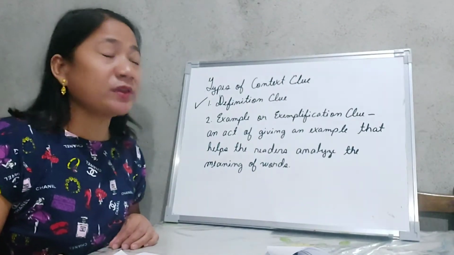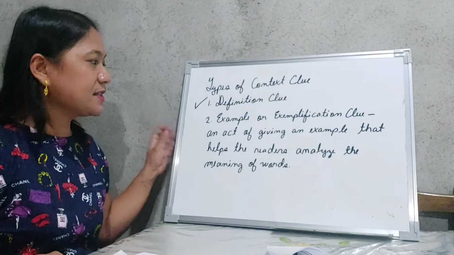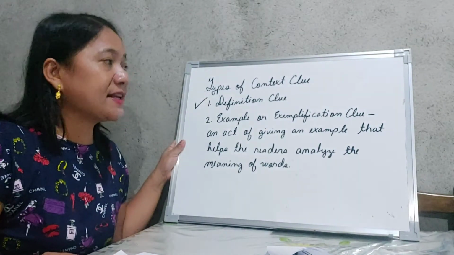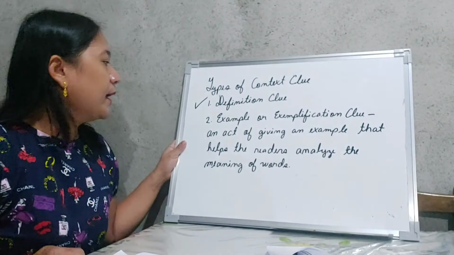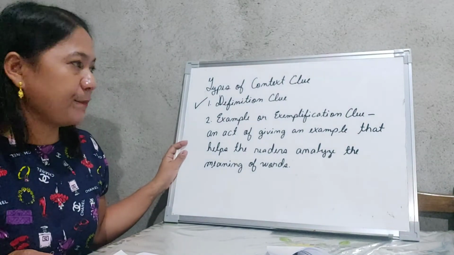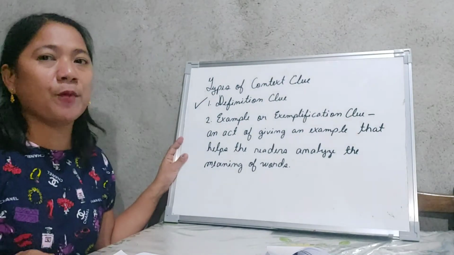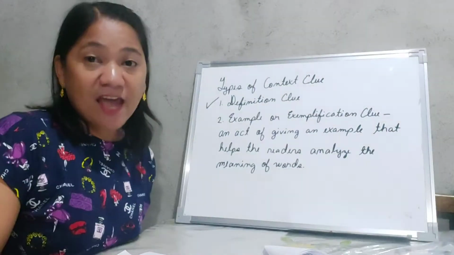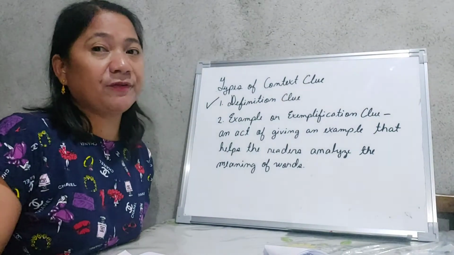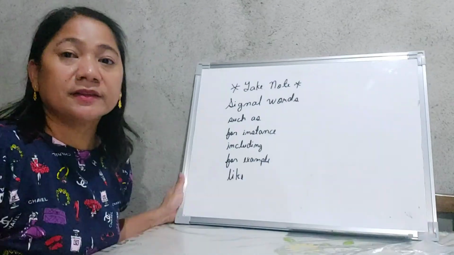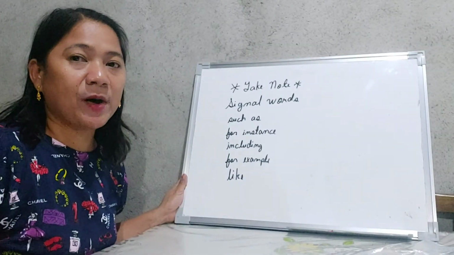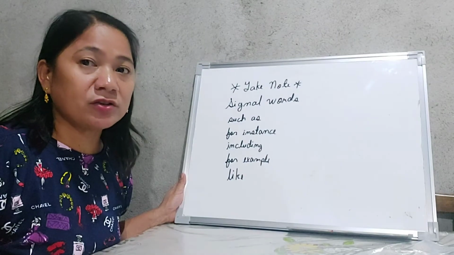And the number two type of context clue is the example or the exemplification clue. It is an act of giving an example that helps the readers analyze the meaning of words. Let us have some examples of the exemplification clue. Take note of this about exemplification clues.